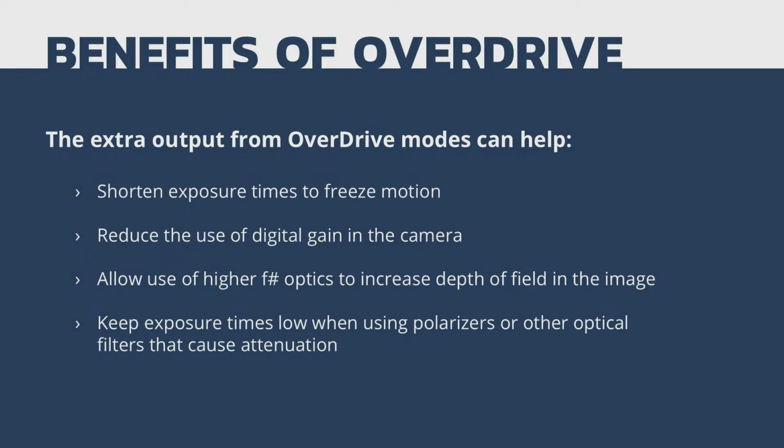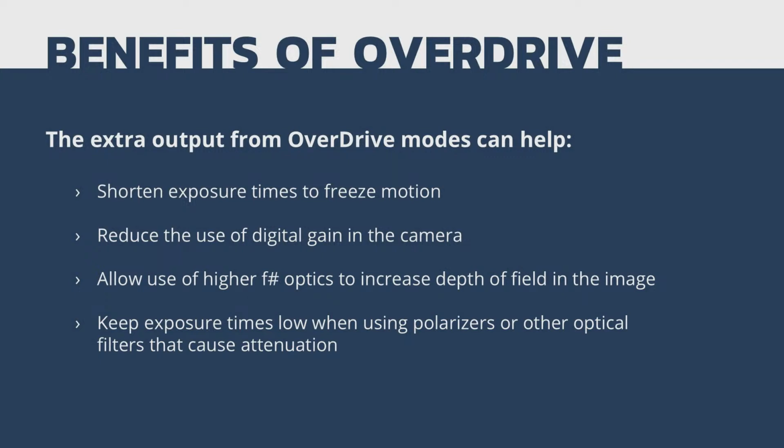We can decrease the number of total lights, and we can shorten exposure times to freeze motion. So if you need 3 milliseconds of light to get an exposure and that's causing too much motion blur, with overdrive, we can get that down to hundreds of microseconds.